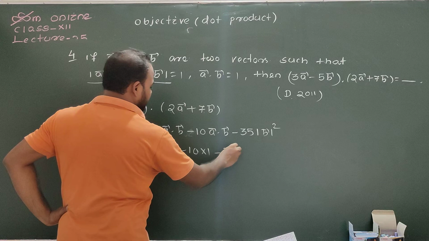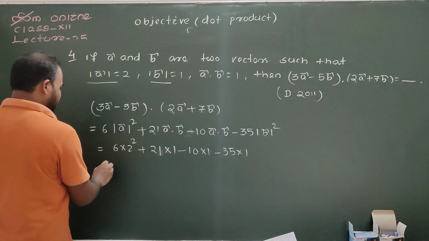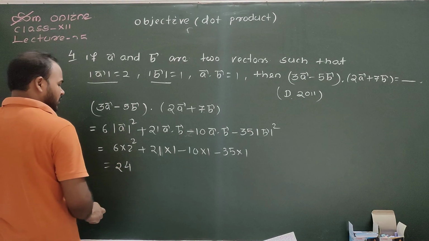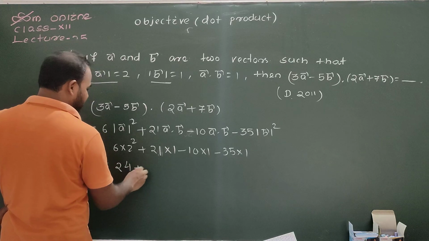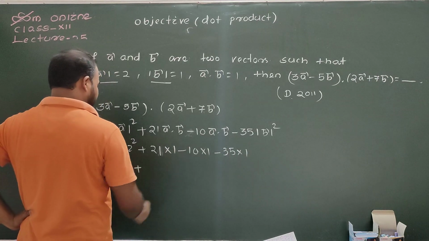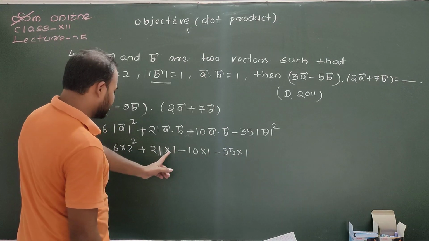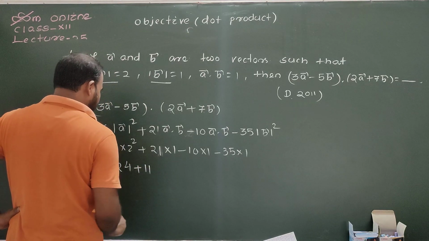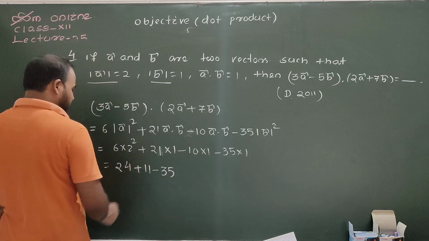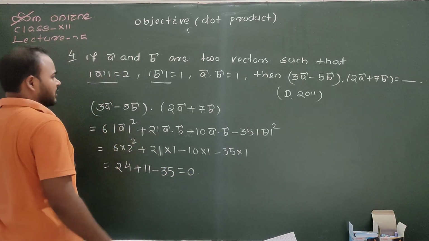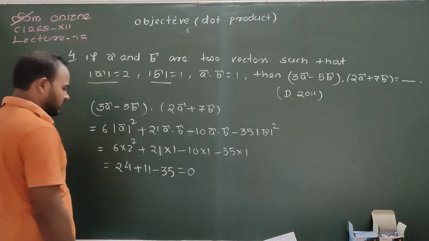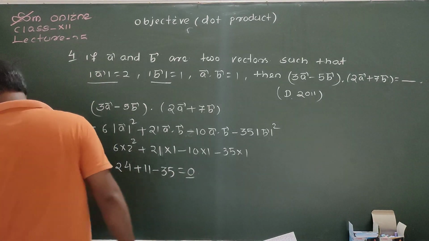That is 6 times 4, 24, plus 21 minus 10, that is 11, and minus 35. So 24 plus 11 is 35, minus 35 is 0. So the value of (3A minus 5B) dot (2A plus 7B) equals 0.